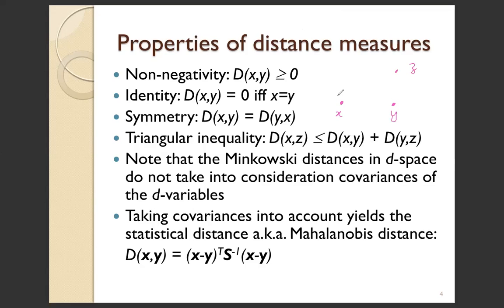The distance if you go from x to z must be less than or equal to the distance if you have an intermediate point, so it cannot be longer than if you go via the intermediate point. So this is the so-called triangle inequality.